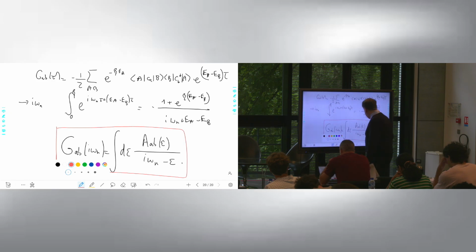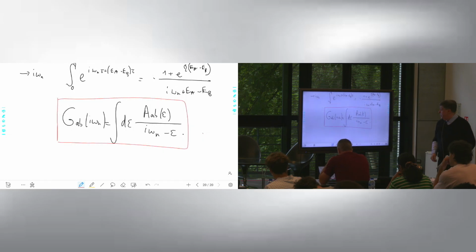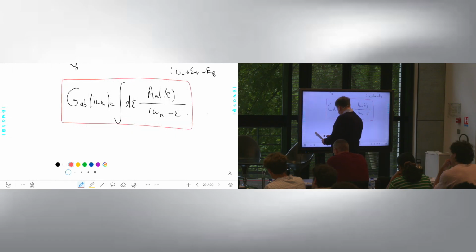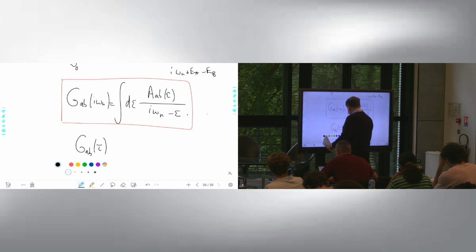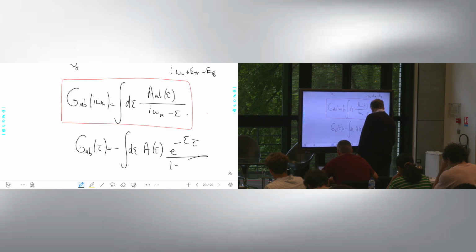And that's a very important result because it tells you that, I'm going to write it in time as well, GAB of tau equals minus the integral d epsilon of A of epsilon exponential minus epsilon tau over 1 plus exponential minus beta epsilon.